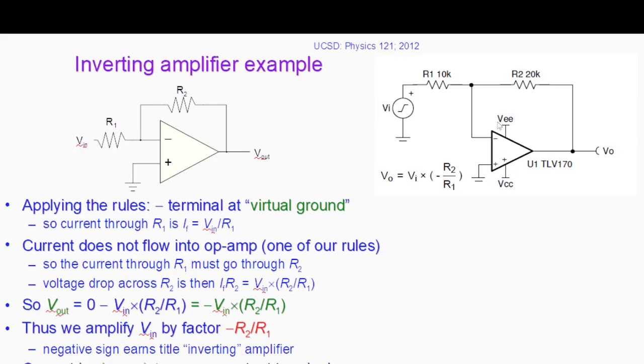This is the negative power supply, and this is the plus power supply. So I want you to calculate these output voltages, again going from 1 volt to 5 volts in steps of 1 volt. So 1, 2, 3, 4, 5. So let's see if we can do that.